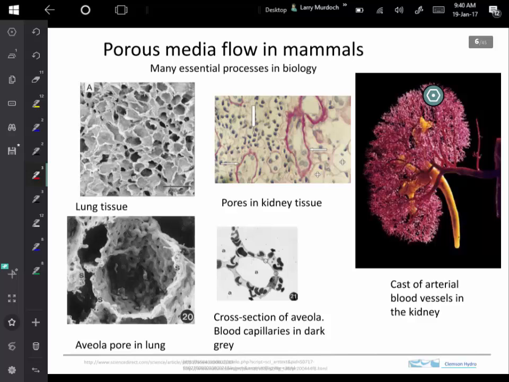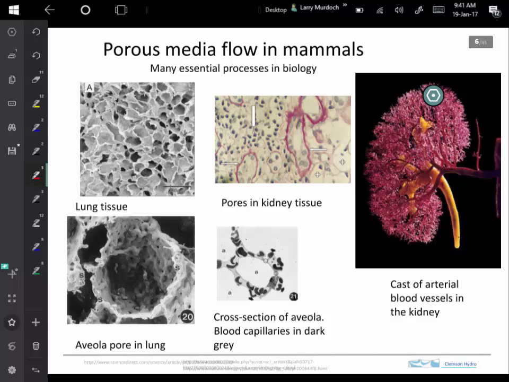Okay, so we can also take a look at other naturally occurring examples from living things. There are many examples of flow through porous media in you. Porous media are a good way to exchange compounds.